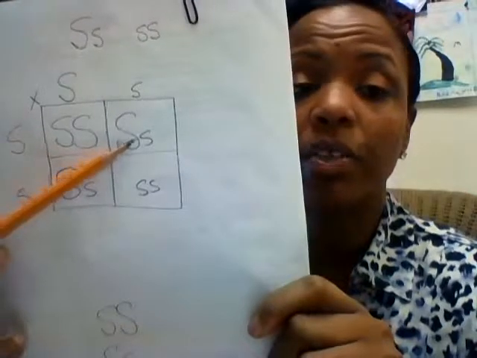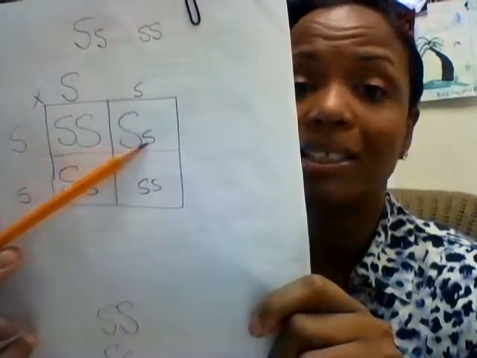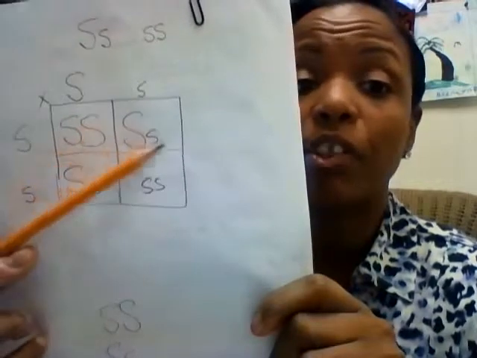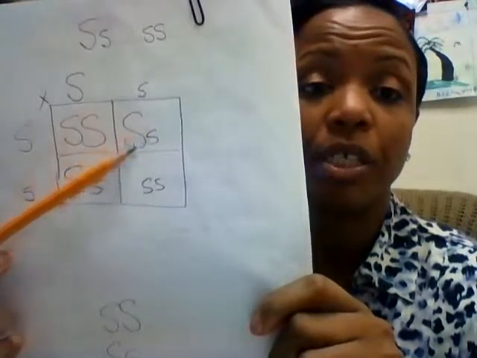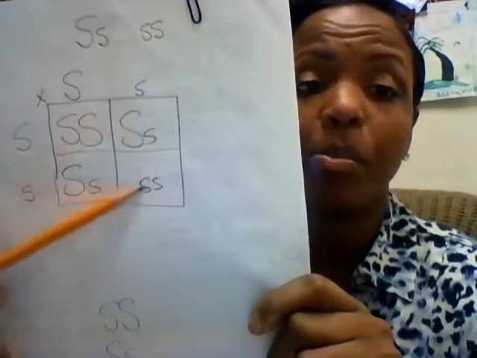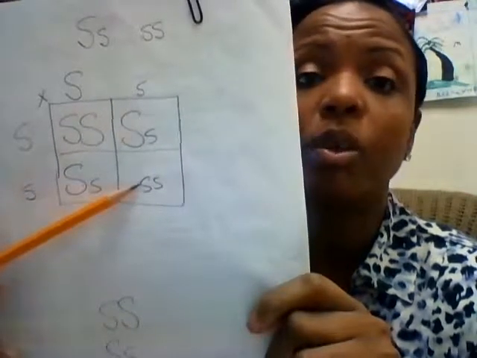So here, this dominant trait would hide the sickle cell anemia. However, this person would be identified as a carrier of the trait. Same here. But notice here, the two lowercase s's indicate that the person actually exhibits the disease, sickle cell anemia.